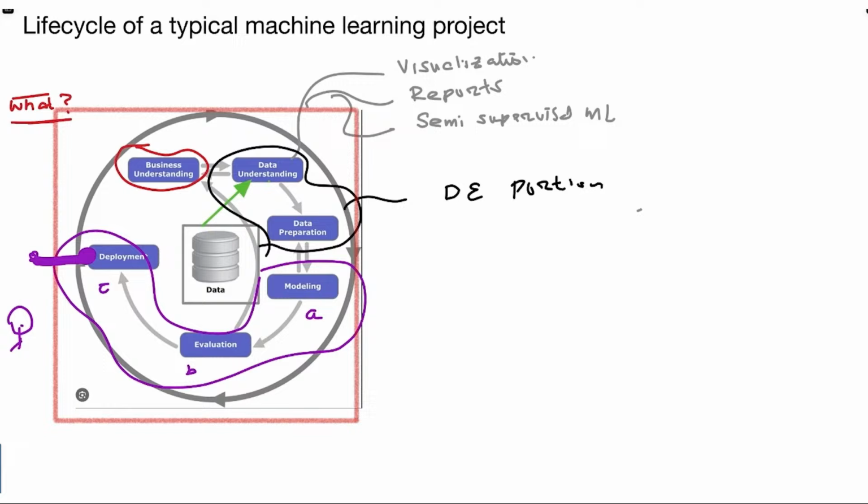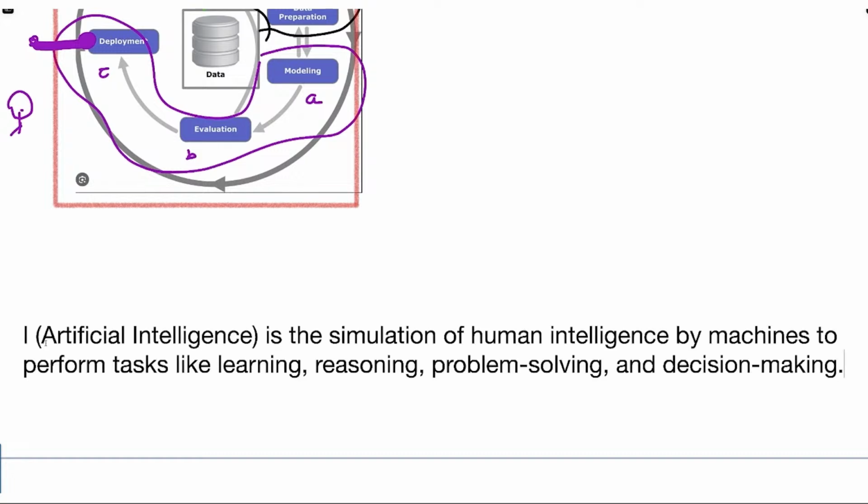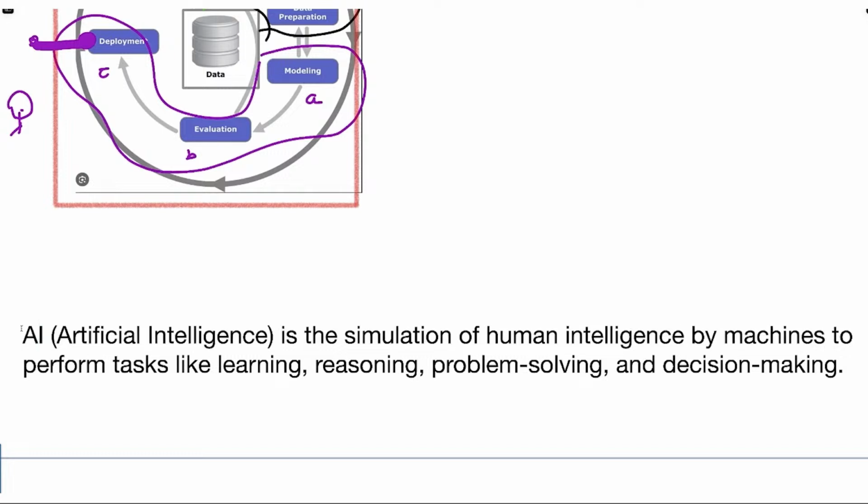So that is AI. I said that I want you to think about these two things in your head. AI is a simulation of human intelligence by machines, and we are looking for tasks like learning, reasoning, which is very difficult. It is a blind spot for most AI solutions. Problem solving and decision making, we are asking them to do a lot. It's not easy to do, right?